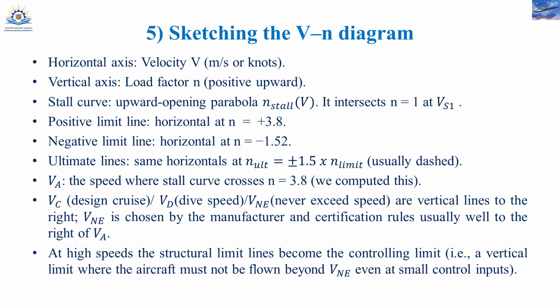So to sketch the VN diagram, draw the horizontal axis using the given velocity. Velocity is given, so the horizontal axis is the velocity axis. Again, draw the vertical axis using the n values. Put the stall curve, which is an upward opening parabola.